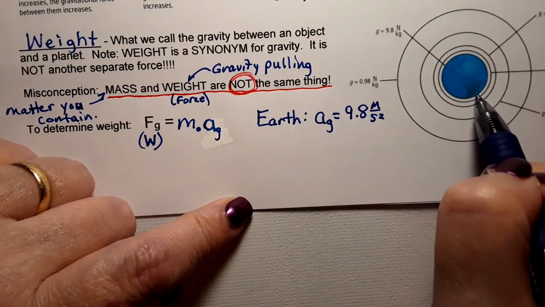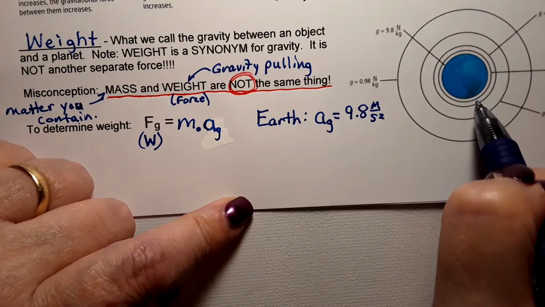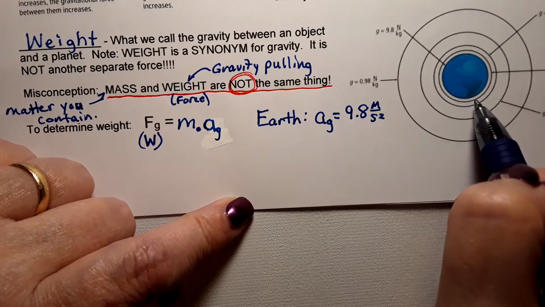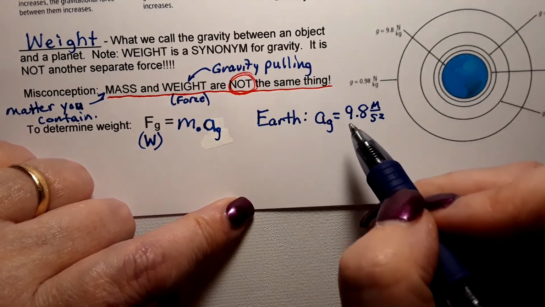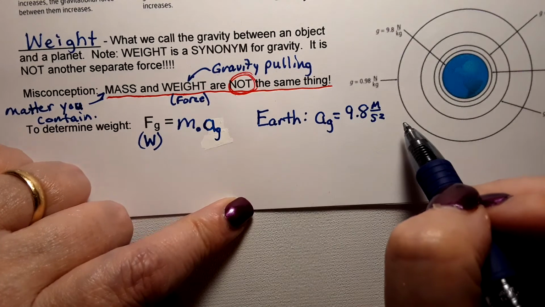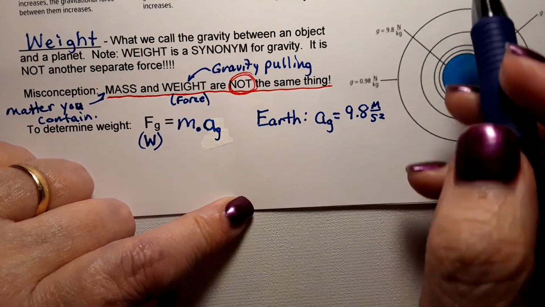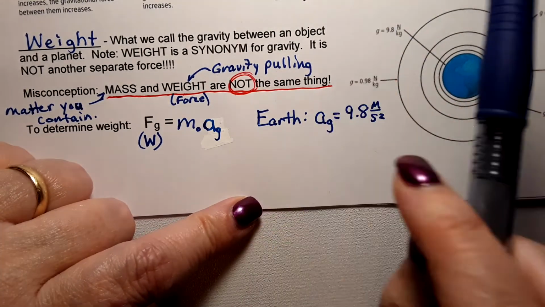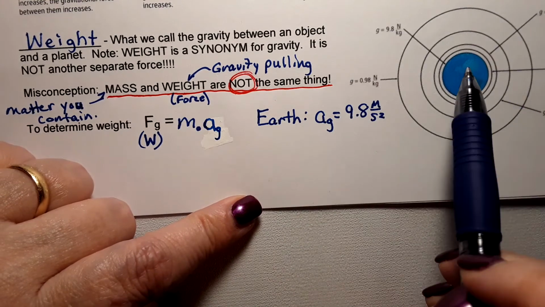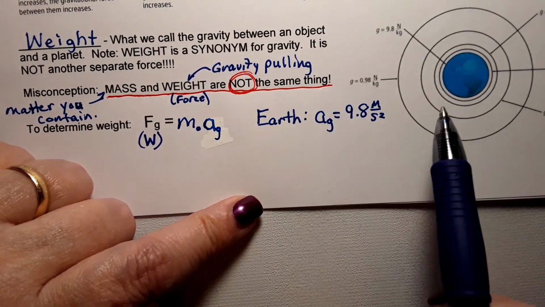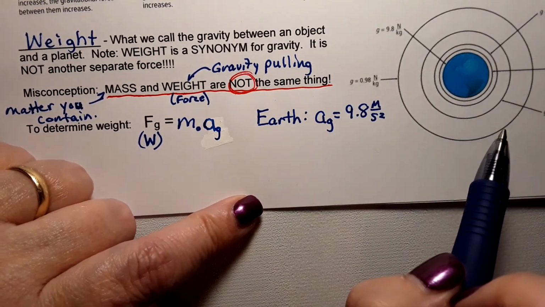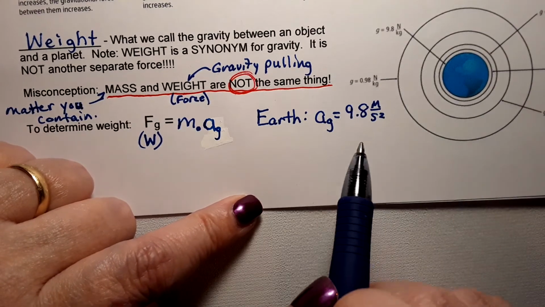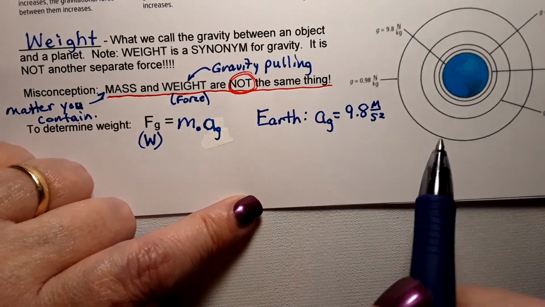In fact, you have to go away from the surface of the planet in order for the acceleration due to gravity to get smaller. Because remember, the further away two objects are from each other, the weaker the gravity is. The weaker the gravity is, the smaller the acceleration.